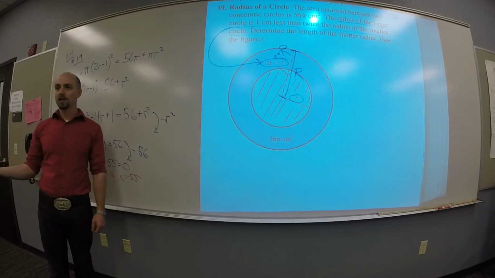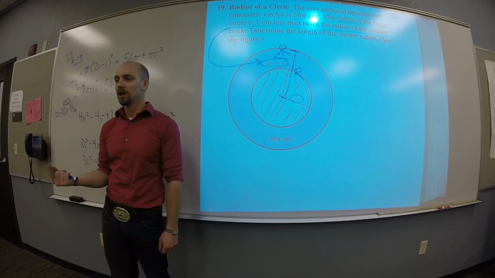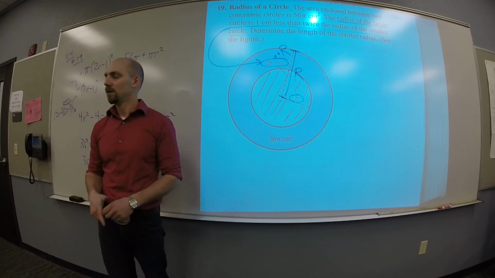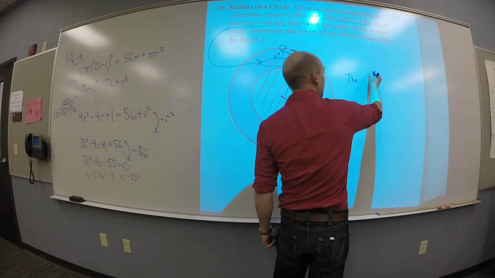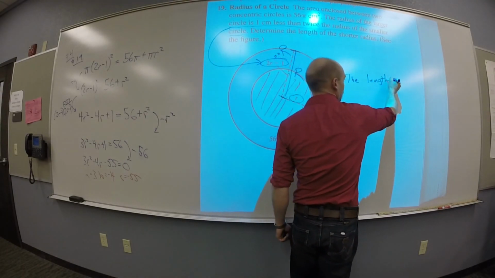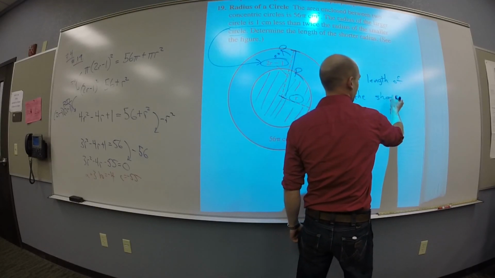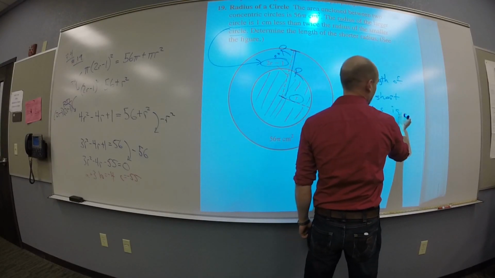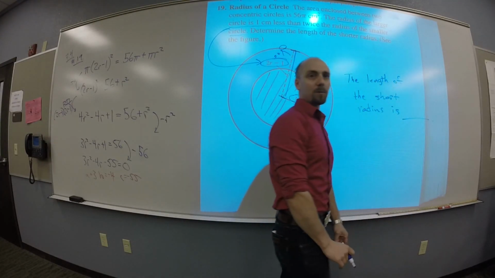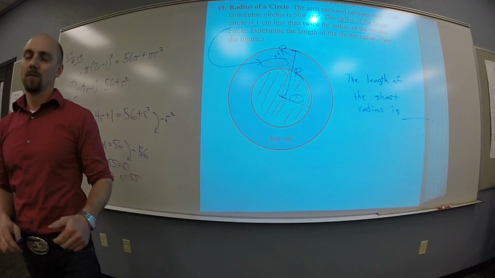So you're going to pick the positive one because it's a radius, and then the sentence you're going to write is going to say something like, The length of the short radius is whatever the positive thing you get out of the quadratic formula is. Cool? Okay.